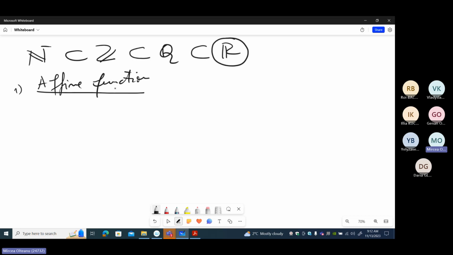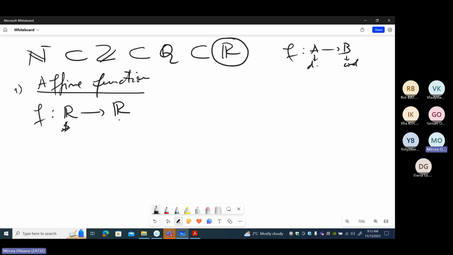Some also call it the linear function, but linear is not a very appropriate name in this case. So the affine function is defined on the set of real numbers, taking value in the same set. So this is the domain. In general, if we write like this, that means the function f has the domain A and the codomain B. This is the domain and this is the codomain, yes?